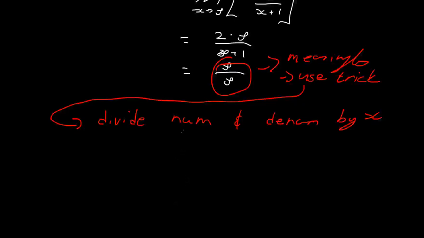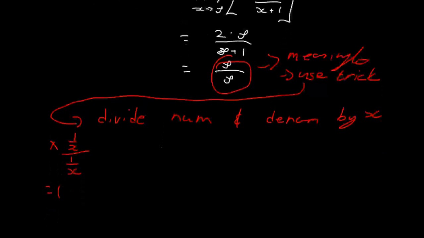And because we're dividing both the numerator and denominator by x, it's the same as multiplying by 1 over x over 1 over x. And you'll see that this is actually 1. So we can do it because we're just multiplying by 1. So it's not a problem.